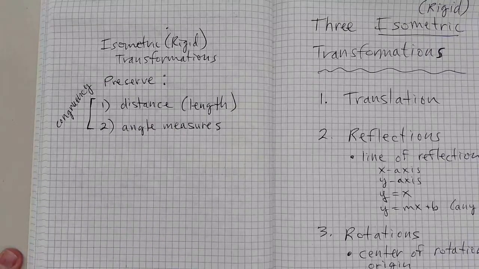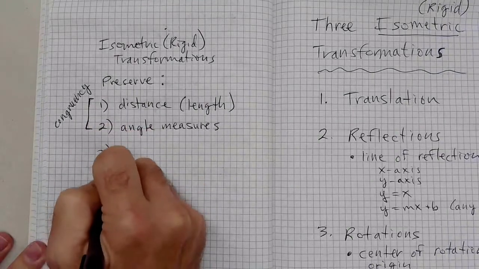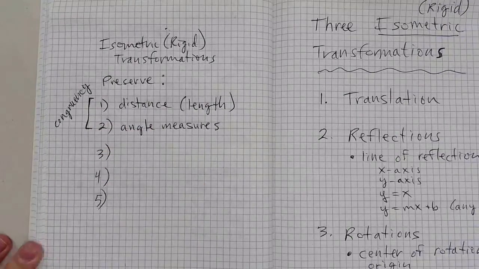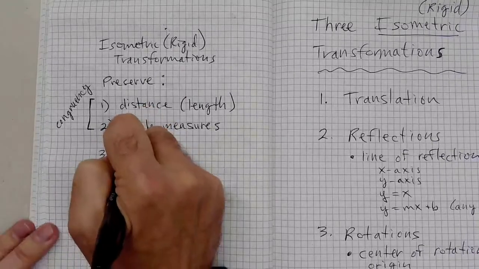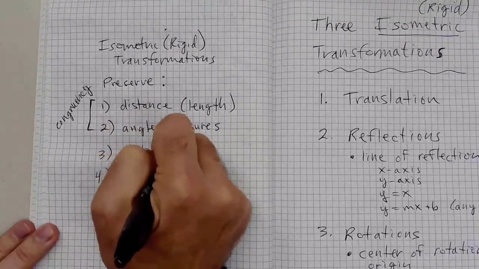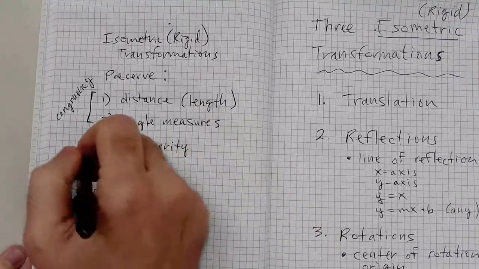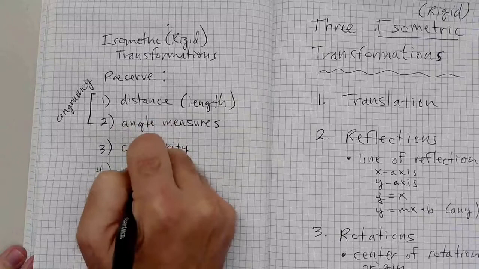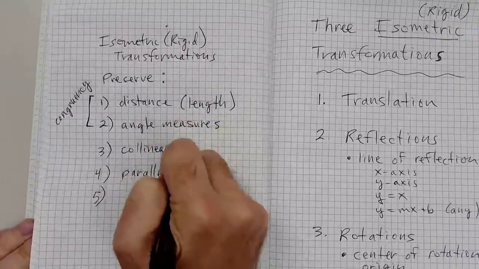Okay, but there are 3 more that I'm going to mention, but I'm not going to talk about them a lot. We'll come back to them. Okay, the first is collinearity. Next one is parallelism. I can't say it, but I can write it.